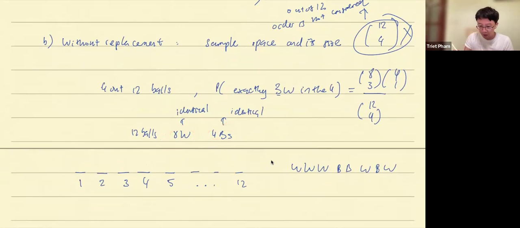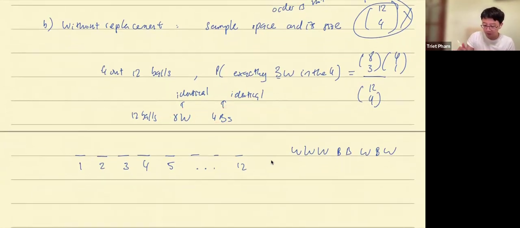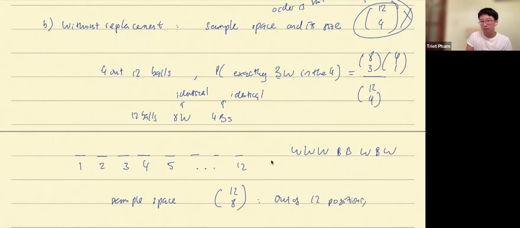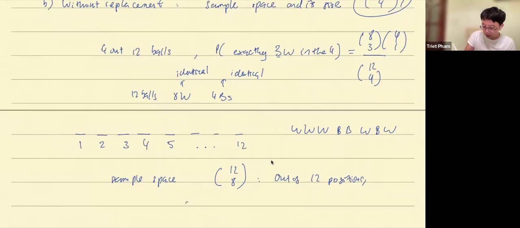So yes, I will still do 12 choose 4, or let me just change a little bit. For the sample space, I will do 12 choose 8. It's 12 choose 4 anyway. But let me explain what my 12 choose 8 means. That means out of 12 positions, I choose 8 to be my whites, and the remaining to be black.